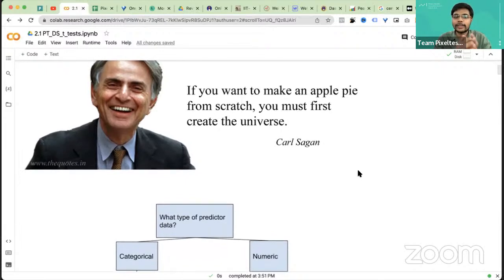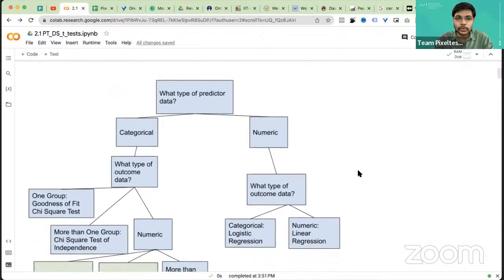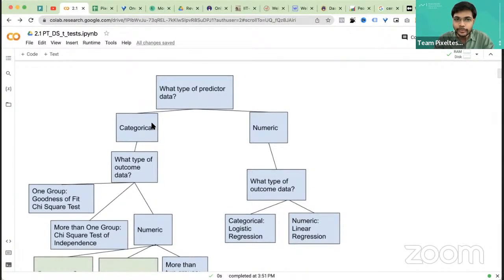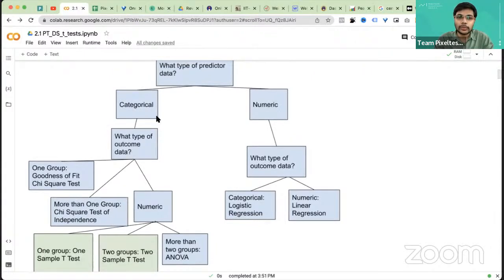What we are referring to in this example is that you need a bigger, larger data set to even make a small output out of it. We'll try to understand, based upon what type of data we have, which different hypothesis testing methods apply.